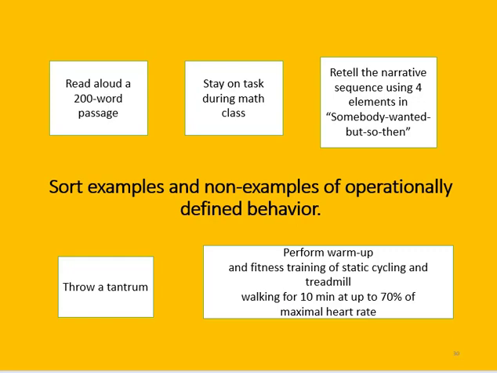Read aloud a 200-word passage. Stay on task during math class. Retell the narrative sequence using 4 elements in somebody, wanted, but, so, then. Throw a tantrum. Perform warm-up and fitness training of static cycling and treadmill walking for 10 minutes at up to 70% of maximal heart rate.